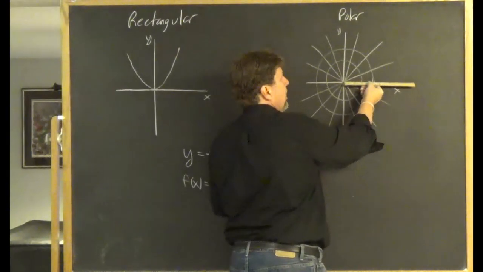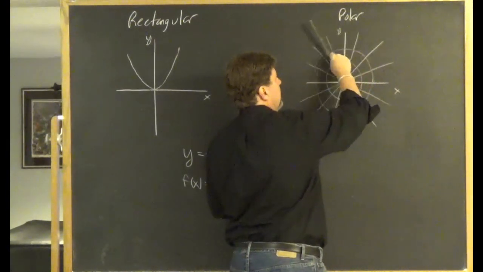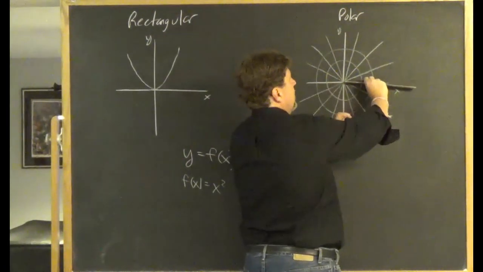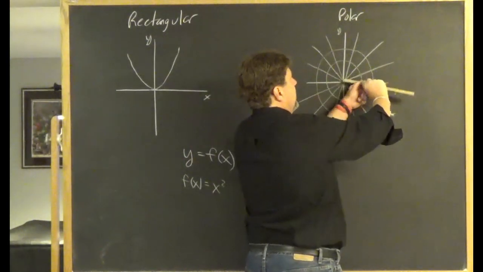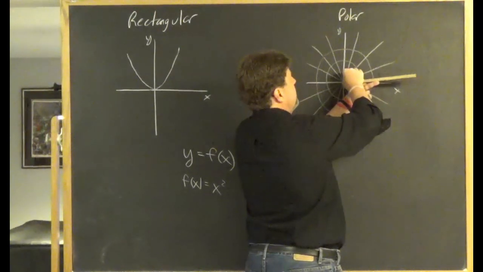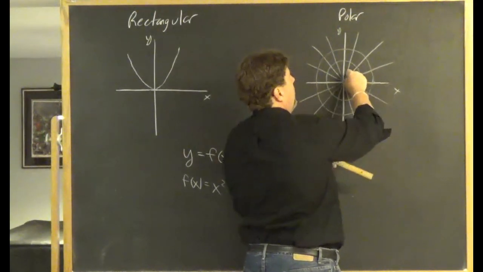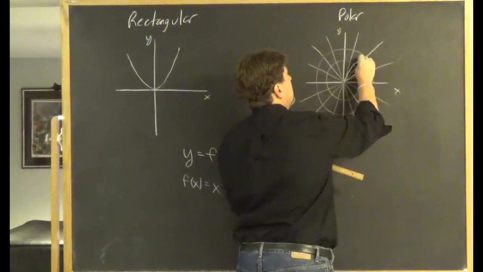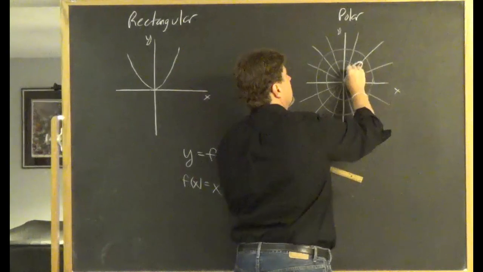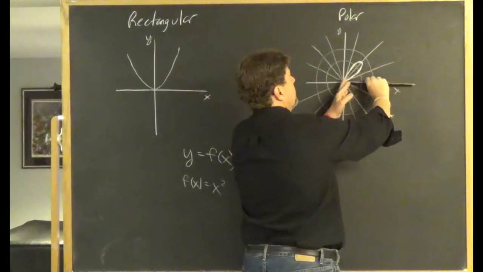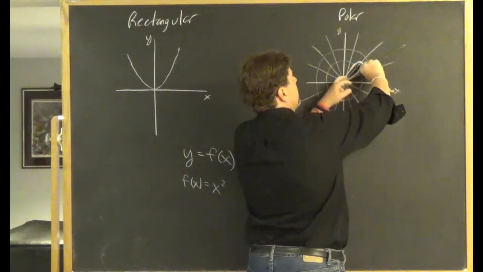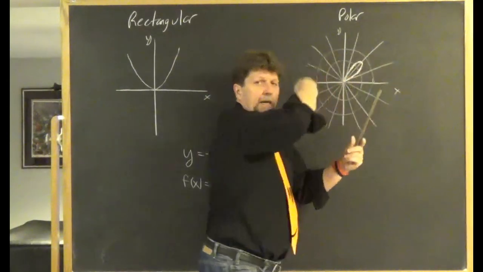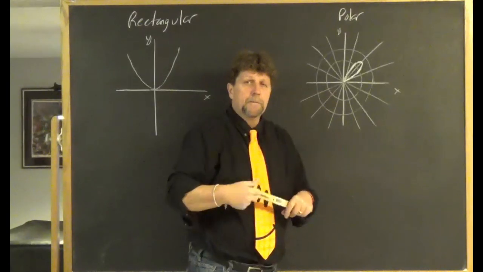And as the polar axis goes around and around, imagine that the curve being traced by the polar equation is free to move away from the pole or towards the pole. So as it goes around and around, it's tracing out, going away from the pole and then back towards the pole. And it continues to go around and around.